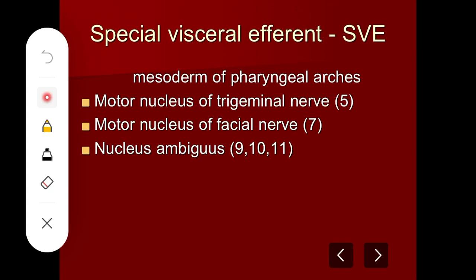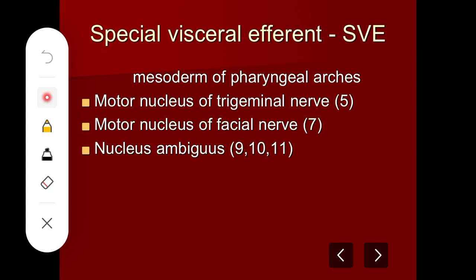Very easy. You understood? So I'll rewind it once more. SVE: the next thing that should come to your mind is pharyngeal arches. So if it is pharyngeal arches, you can very well say the nucleus representing the nerves. The first arch was the mandibular nerve, so the nucleus representing the SVE component will be the motor nucleus of trigeminal.